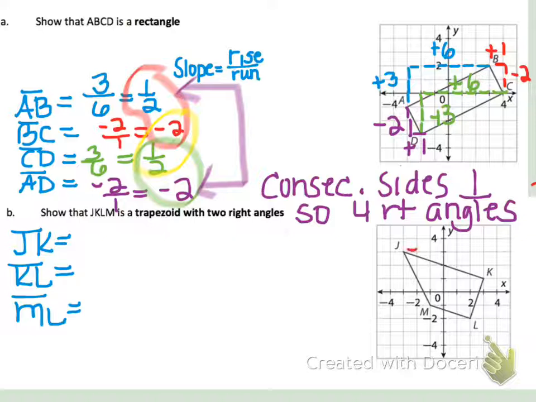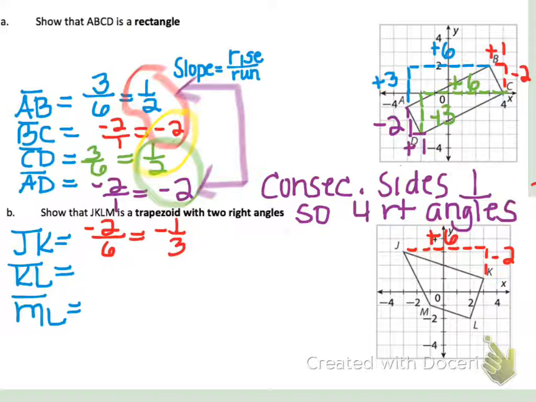So that's 1, 2, 3, 4, 5, 6. I'd go 6 to the right and 1, 2 down. So the rise is the down part, that's -2, and the run is 6. So that reduces down to -1/3.